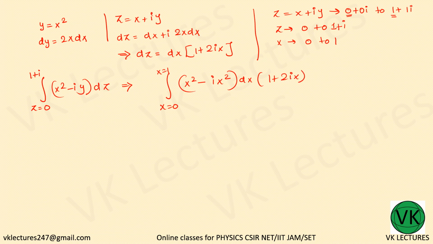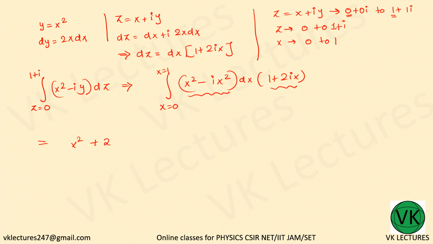Now here you can either take x square common and then multiply later, but let us do the multiplication now. So let's multiply these two quantities. x square into 1, that is x square. x square into 2ix is 2ix cube.